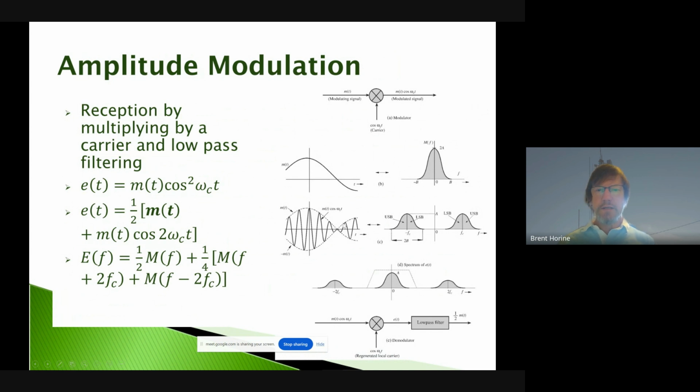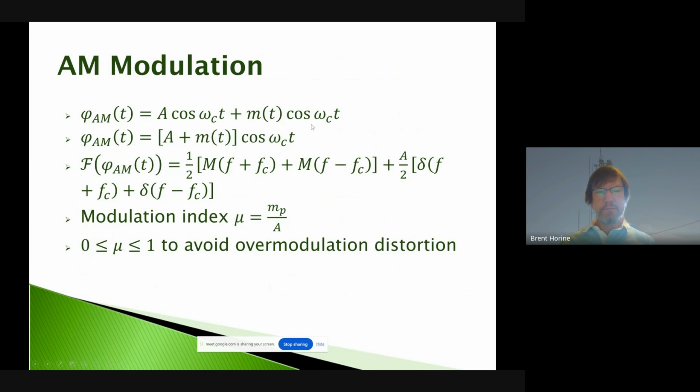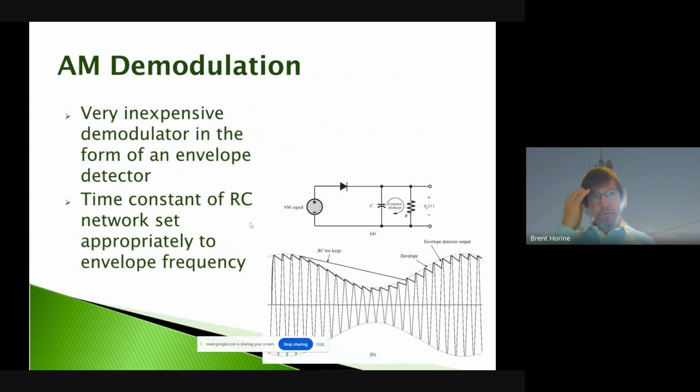It also has to be greater than 0 because these peak values are greater than 0. So it's going to range from 0 to 1. Physically, you could overmodulate and transmit a stronger signal to create a value greater than 1, but that's going to create severe distortion. So we don't do that.